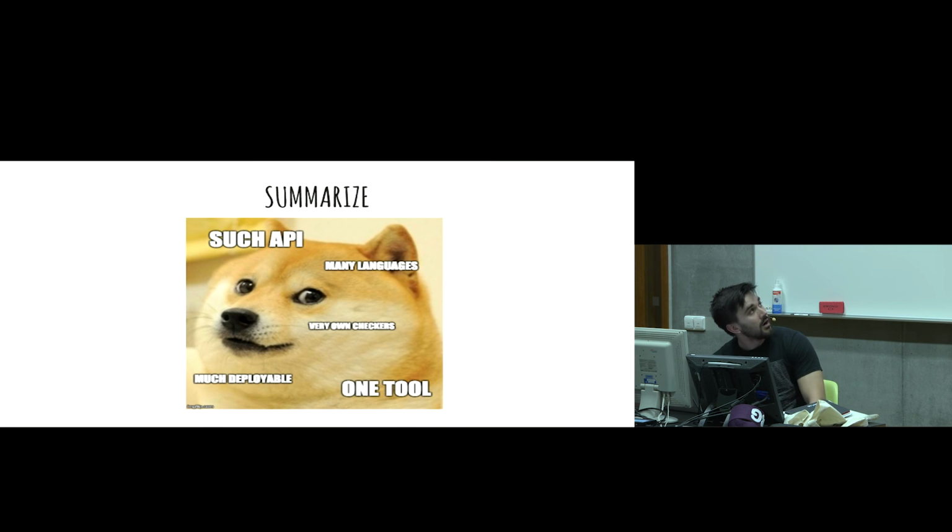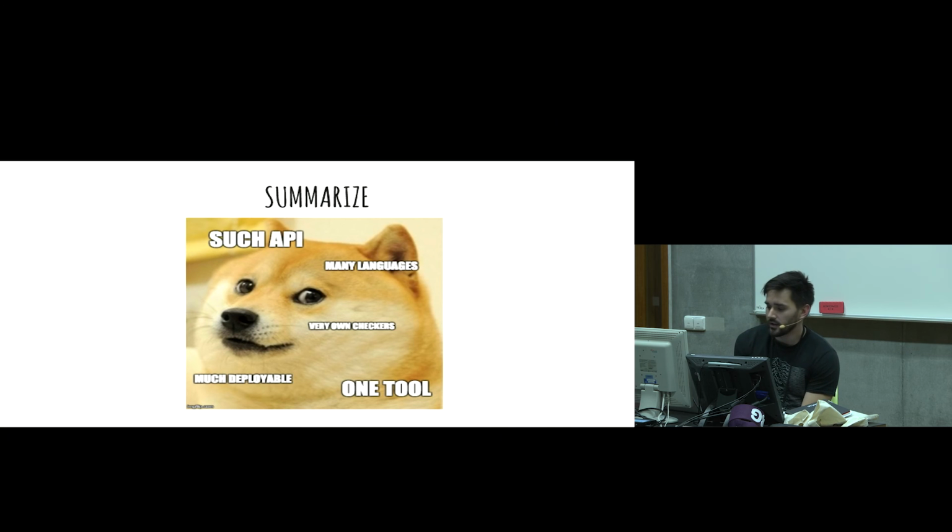So to summarize, a great thing about Koala: one unified API for your linters and checkers. You don't have to learn all the commands of all the tools. You just use the already implemented plugins, and you don't have to care for anything else.